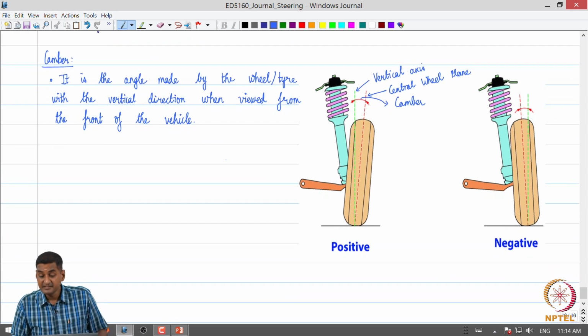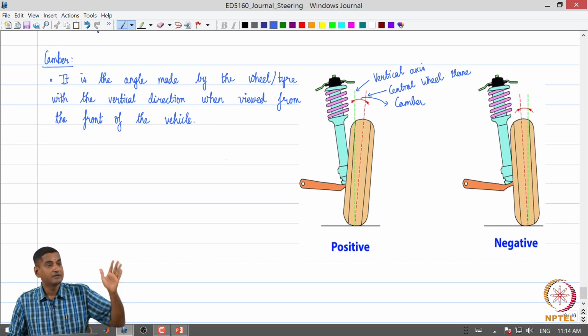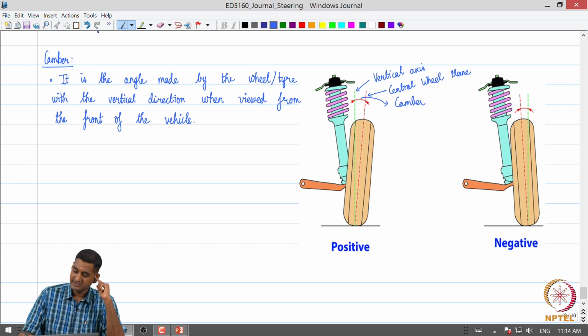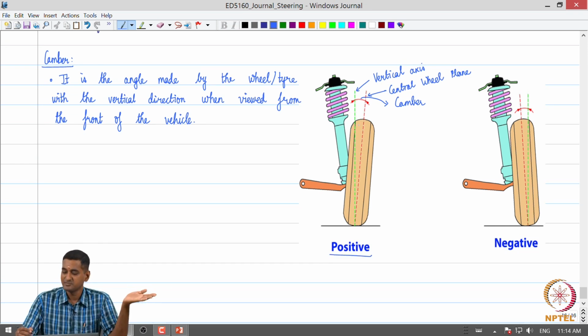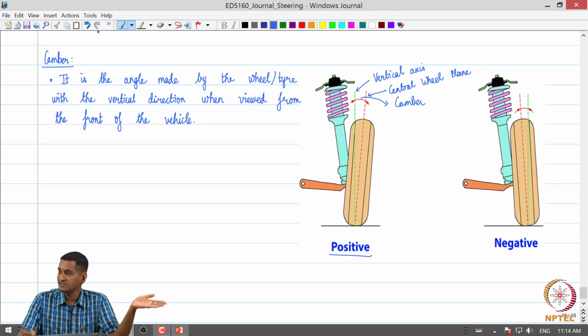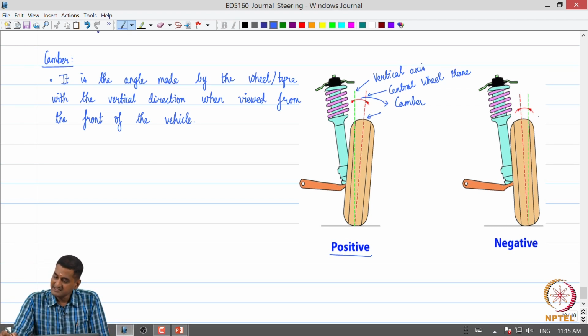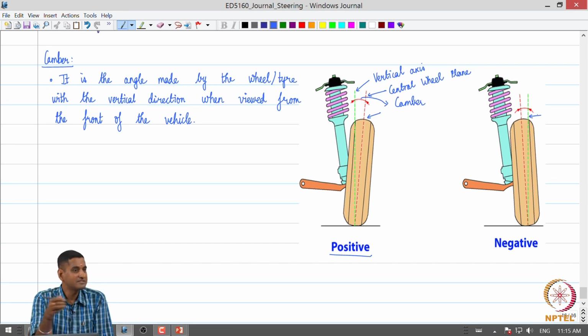So, it is considered positive when the top portion of the wheel leans away from the vehicle body. So, we can see here that this schematic is a representation of positive camber. You can observe that the top part of the wheel is leaning away from the vehicle body. When the top part of the wheel is leaning closer to the vehicle body, towards the vehicle body, it is considered negative camber. Okay.